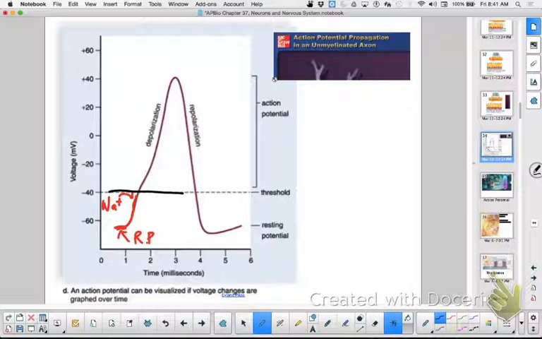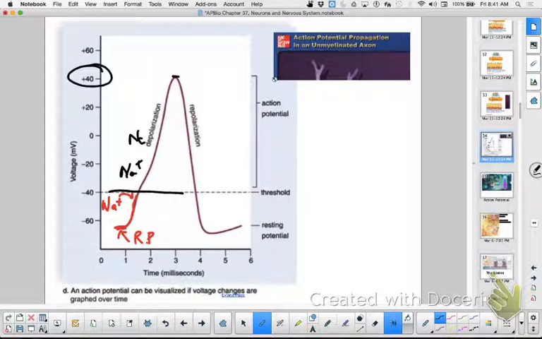Threshold, the light is green, and all of a sudden all the sodium gates are opening, and it becomes less and less negative. In fact, it actually becomes what? Positive. So along the length of the neuron, where it becomes positive inside, that's the action potential. That's how a nerve fires.